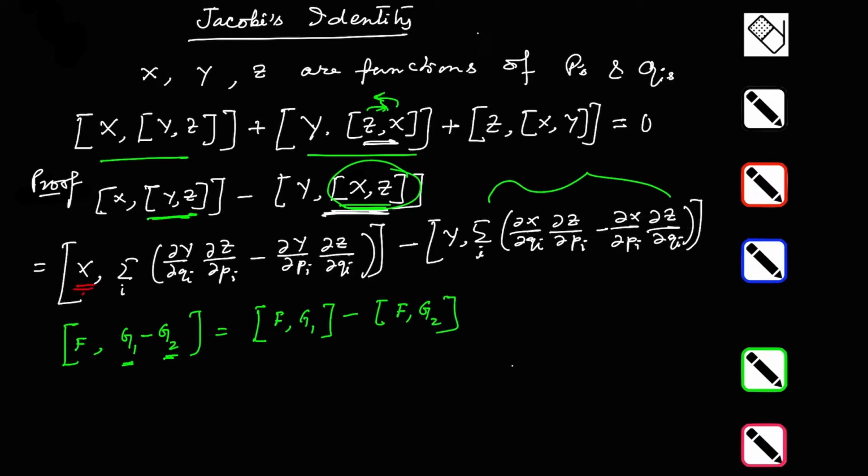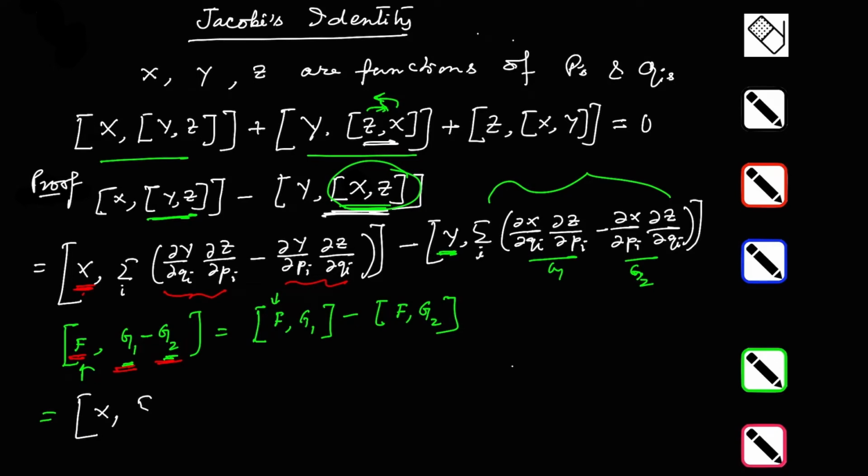So here we consider this x as f, this part as g1, and this part as g2, and similarly here also, y is considered as f, this as g1 and this as g2.